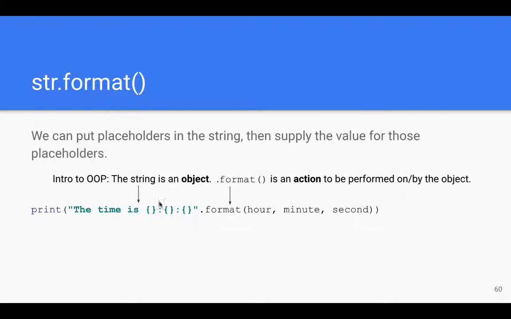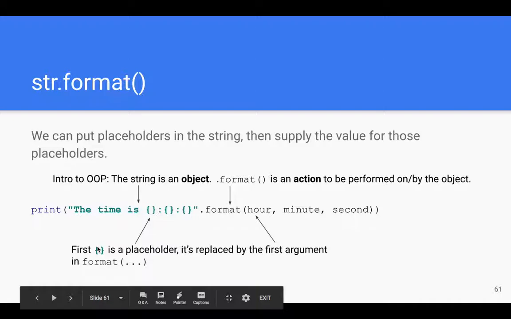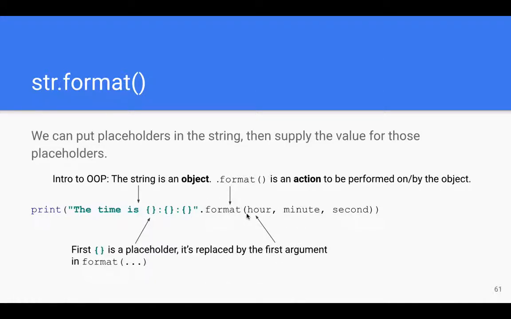And notice again, as I was typing this out, there are three placeholders, and format takes three arguments. The first pair of curly braces is, again, a placeholder, and it will be replaced by the first argument in the format action.